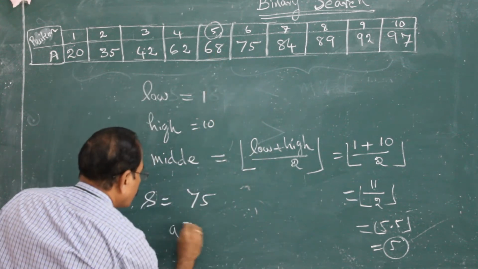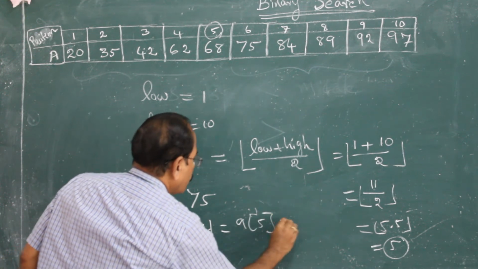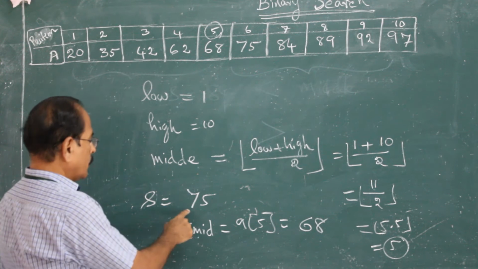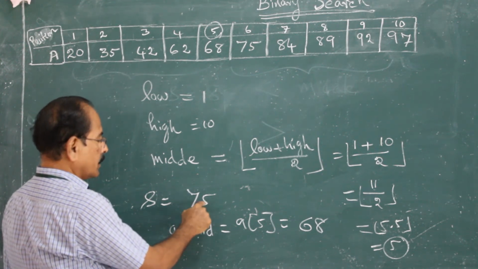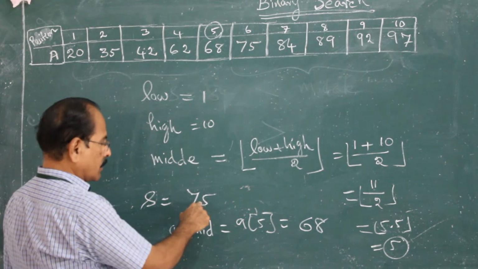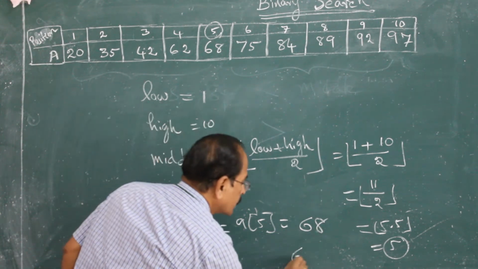So A of mid equal to A of 5 equal to 68. But what we want to search is 75. If you compare A of mid and 75, the element 75 is greater than 68.